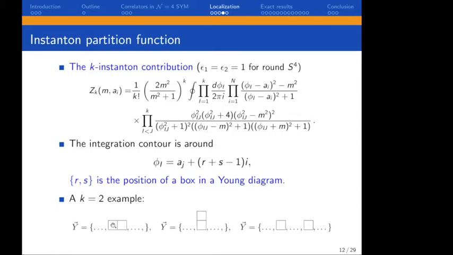You can put the two boxes at the same position, one way like that, the other way like that, or they can be distributed at different positions. You can generalize this for k instantons. In general, computing this contour integral is very difficult. And as we will see, for the purpose of computing correlation functions, something dramatic happens.